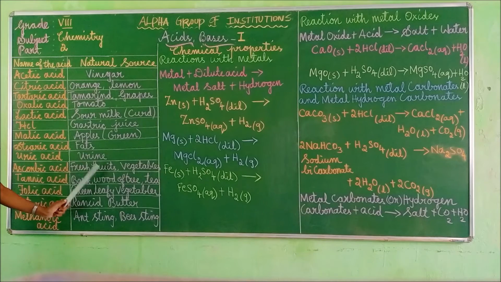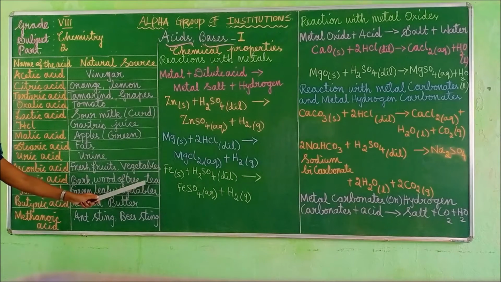And fresh fruits and vegetables contain ascorbic acid. Okay, which acid is present in fresh fruits and vegetables? Ascorbic acid. Next, bark, wood of trees, and tea leaves contain an acid called tannic acid. Okay, tea leaves, bark as well as wood of the tree contain tannic acid.